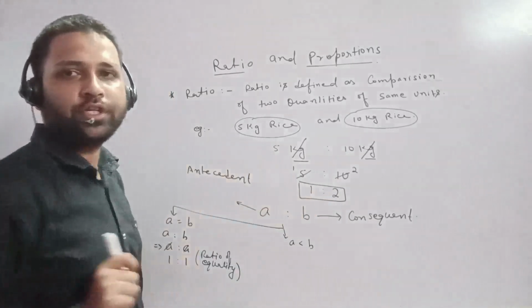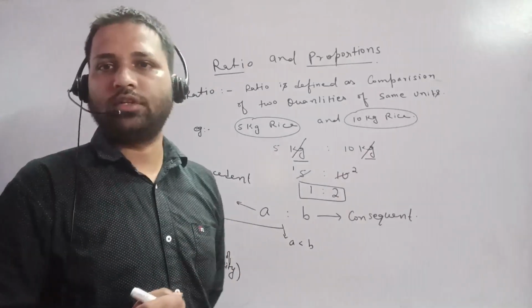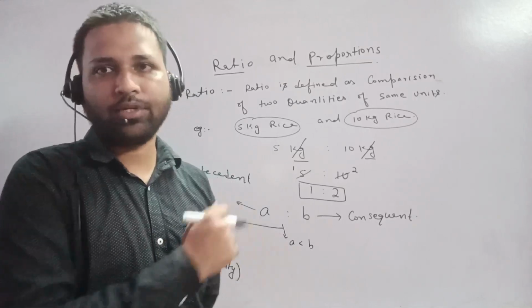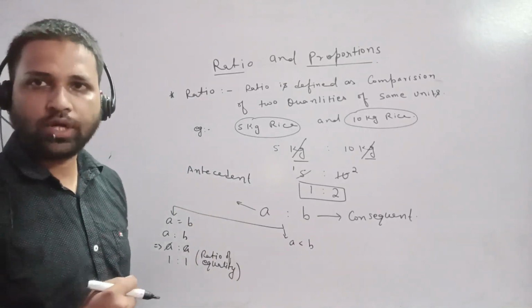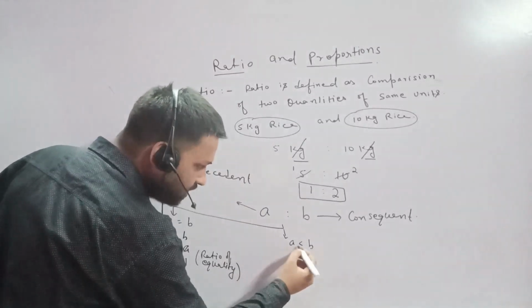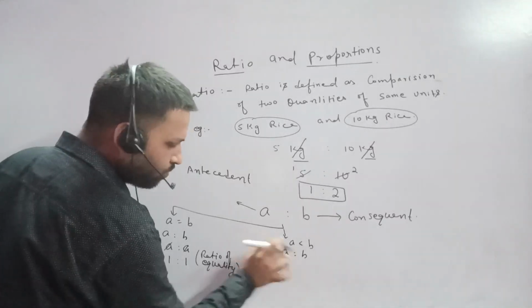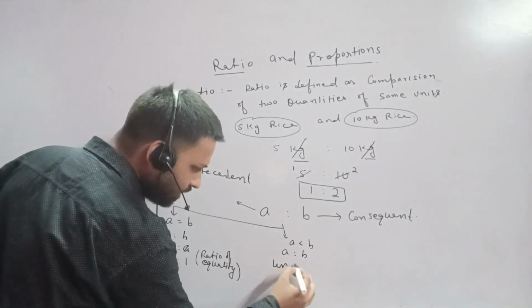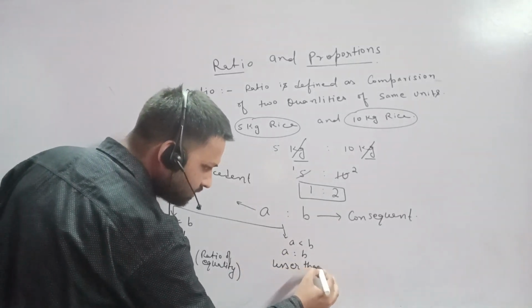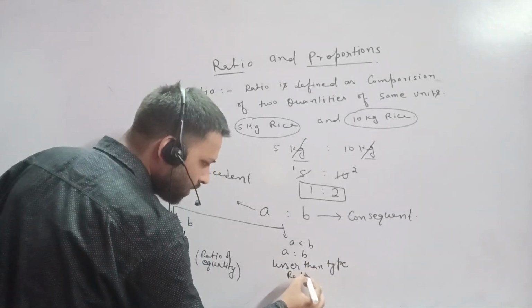This type of ratio is called a lesser than type ratio, or lesser ratio. So if A is less than B, then A is to B is called a lesser than type ratio.